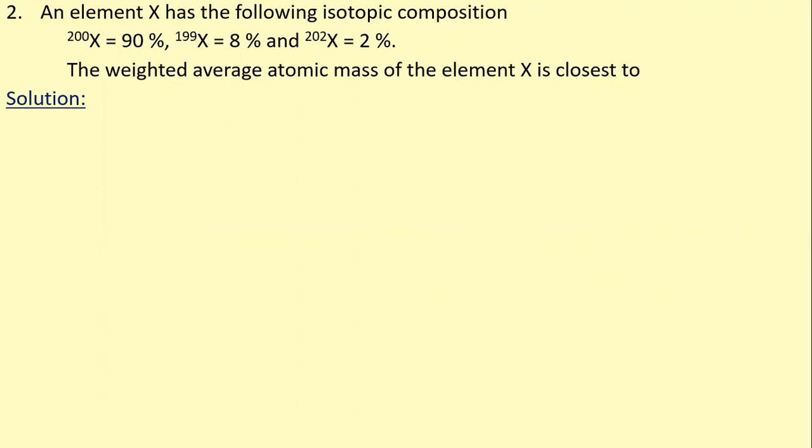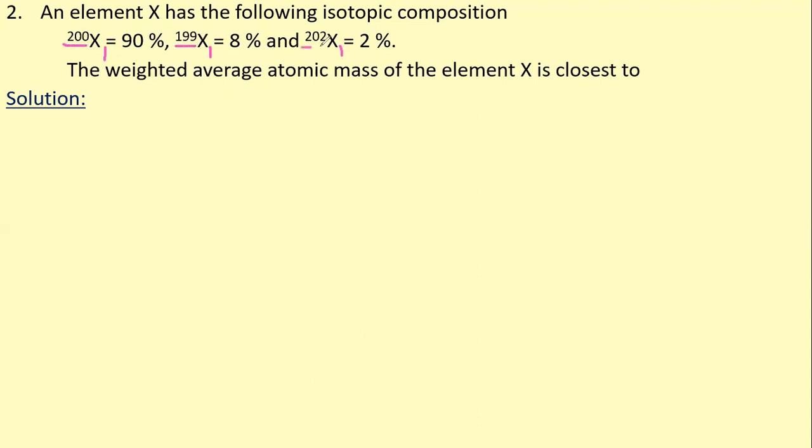Here in this question they have given 3 isotope forms. See here, this is one isotope. Here this refers to the atomic number. Here 1 will be the atomic number and here also 1 will be the atomic number. This 200 is said to be a mass number.